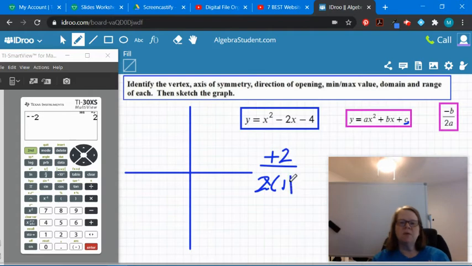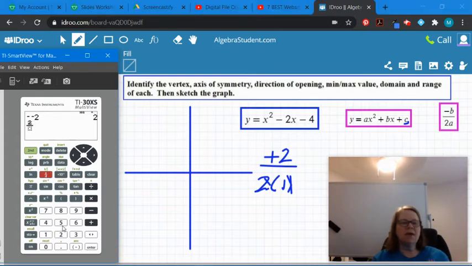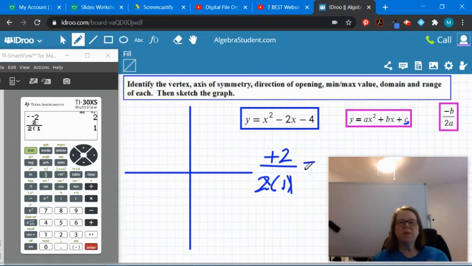And so that's parentheses, but it does not look like it. All right, so let's type that in our calculator, or you can do it in your head. 2 over 2 times 1, and that's 2 divided by 2, which is 1. All right, so we know the first part of our vertex. So vertex, the beginning is 1.